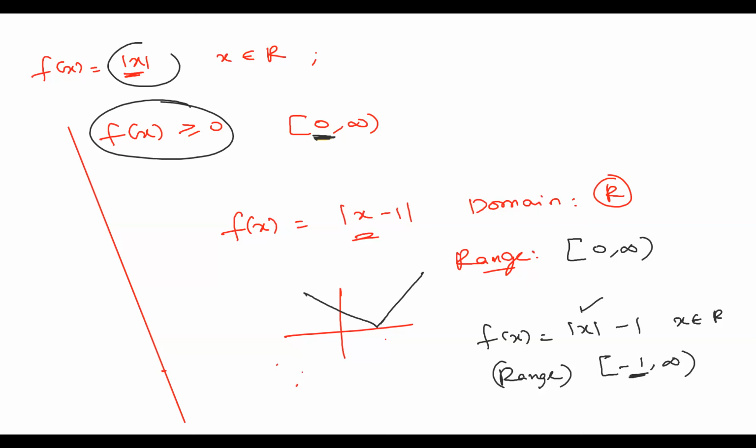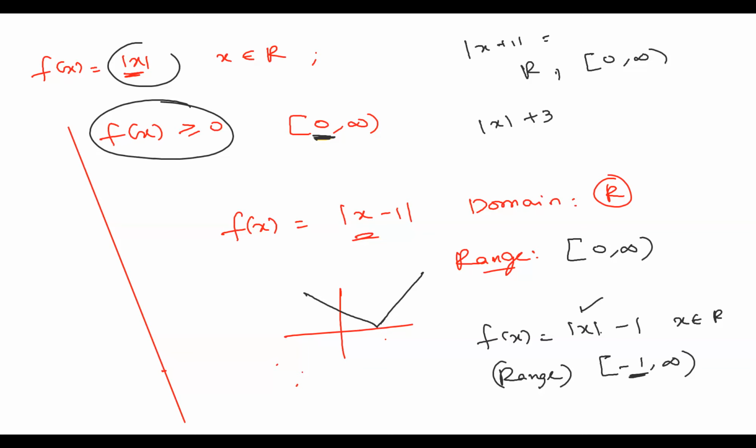This is how you deal with it. If it comes as a combination of that problem, that is tough. In that case they have to define the domain. They won't give it like that. So these are the three possibilities in which they can give. Just for my satisfaction, tell me the domain and range of mod of x plus 1. Domain is R, range is 0 to infinity.